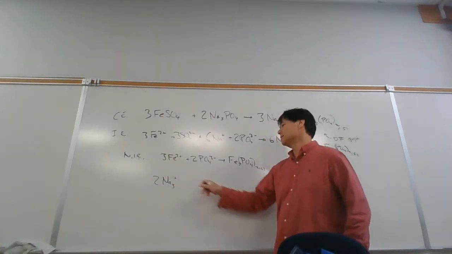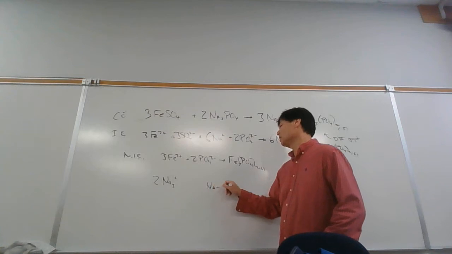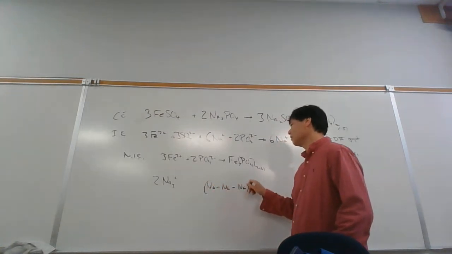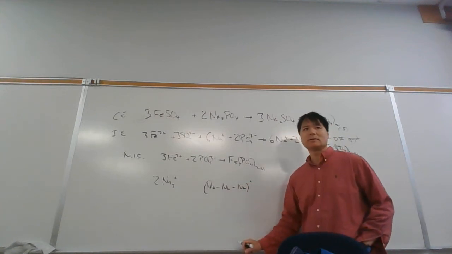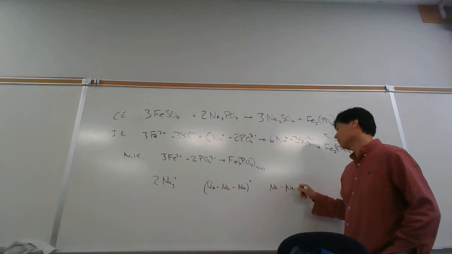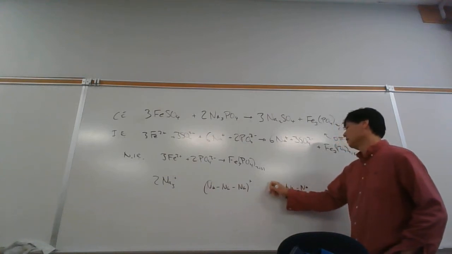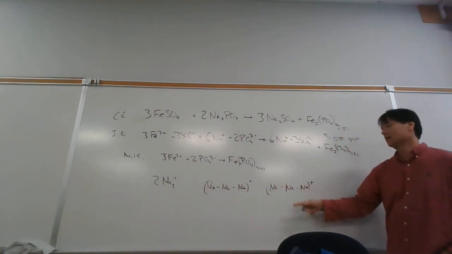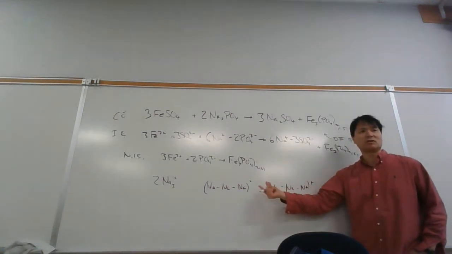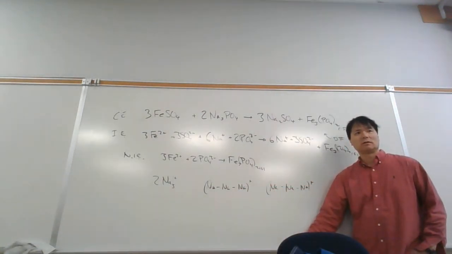And when somebody sees this, they're thinking you have 3 sodium atoms bonded together, and then this whole thing carries a +1 charge. Is that what you're trying to say? And then we have 2 of these. So if you wrote it like this, then that would be 2 Na3, each one having positive charge. Is that what you're intending to write?